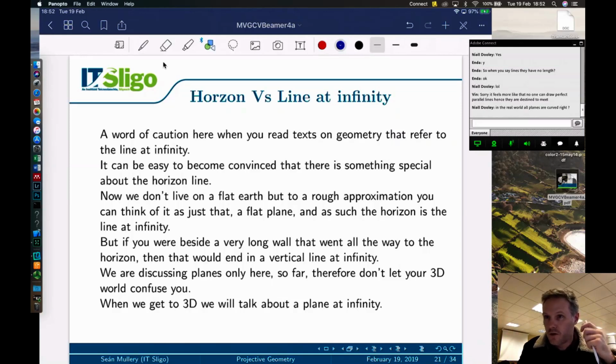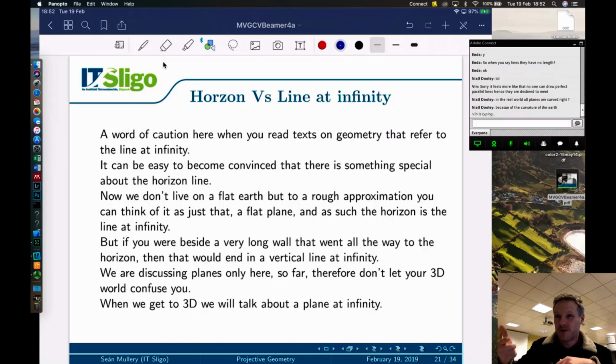So in the real world, all planes are curved. As we're living on a globe, the planes are curved, so therefore they're not mathematical planes, okay? Because of the curvature of the Earth, that's certainly true. I'm just saying that to a first approximation, we have a tendency to look off into the distance and think of this as a flat plane. So we will often do that.